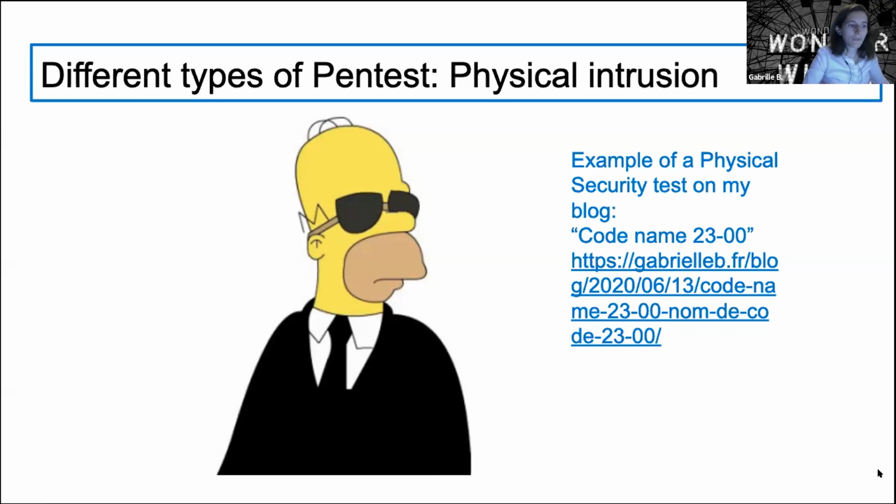But if you want an example, I made an article on my blog called Codename 2300 about one experience I had of a physical pen test. So this is one experience I had, but this is a broad example. So I think it could be similar to what people would do in a physical pen test.